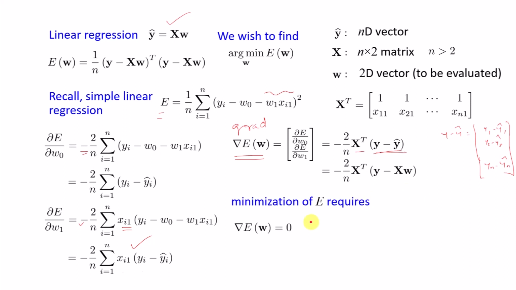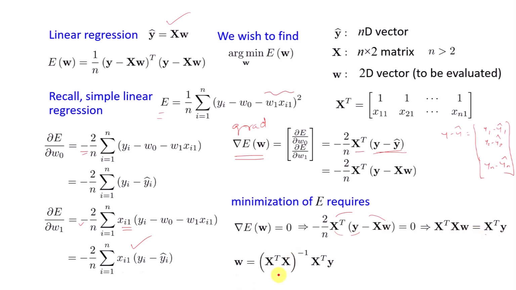Now we know that minimization requires del E equals 0, and del E equals 0 means this particular expression equals 0. So this term X transpose X w is equal to X transpose y, which gives us w equal to X transpose X inverse multiplied by X transpose y.